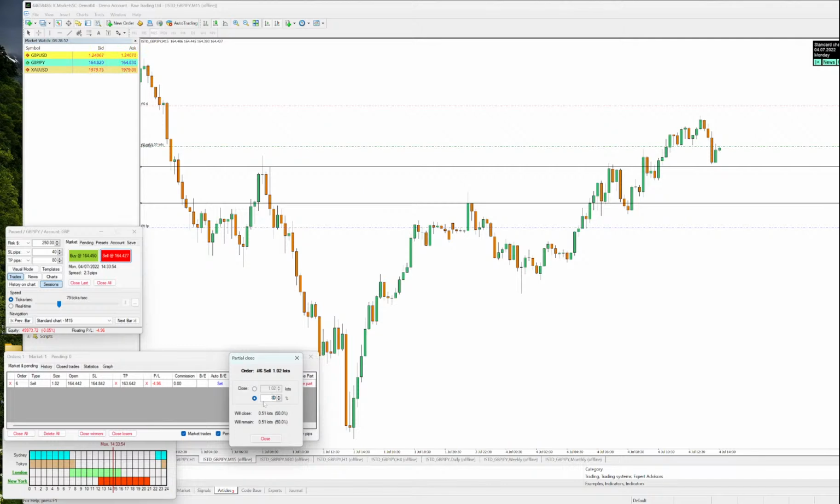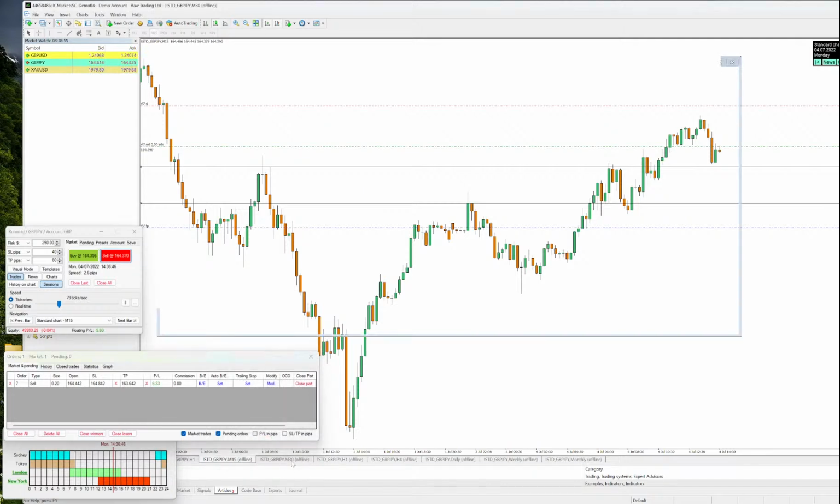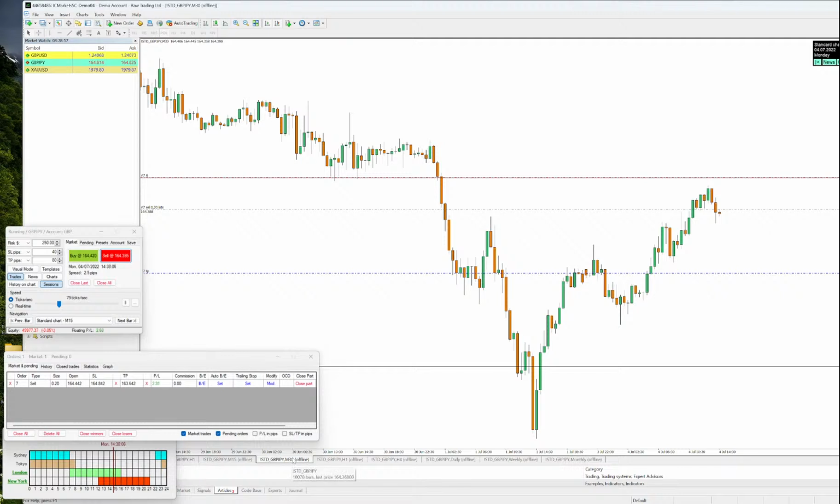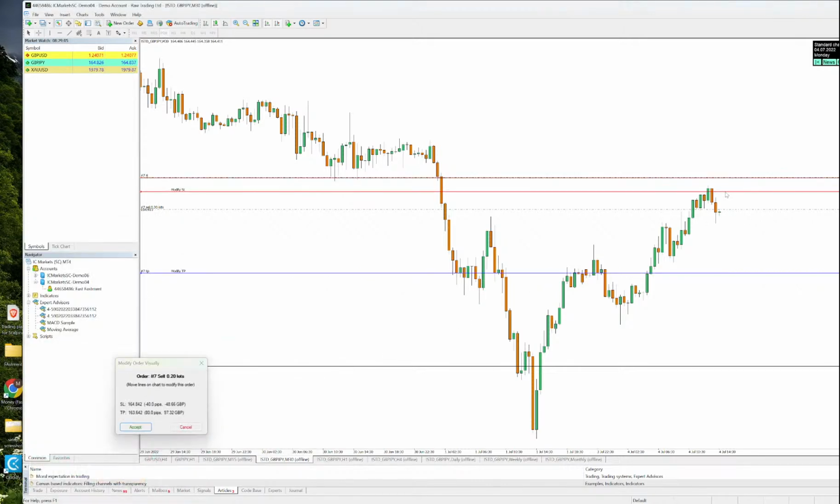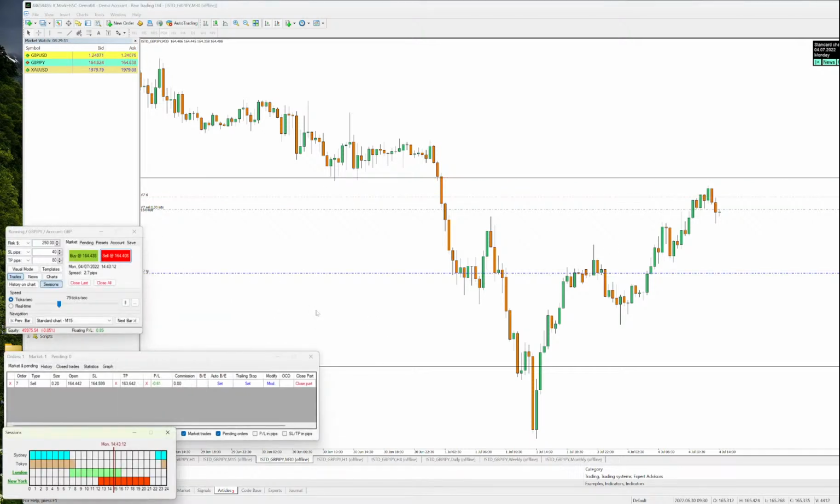Yeah, I'm gonna close again 80% right over here because I don't like it. I see 30-minute continuing to the downside, but because the last 15 minutes are bullish, I don't wanna take this risk, and I'm gonna modify my stop loss right over here.